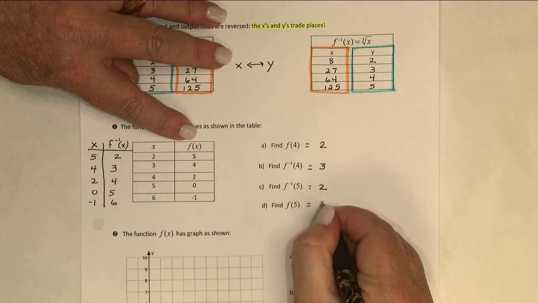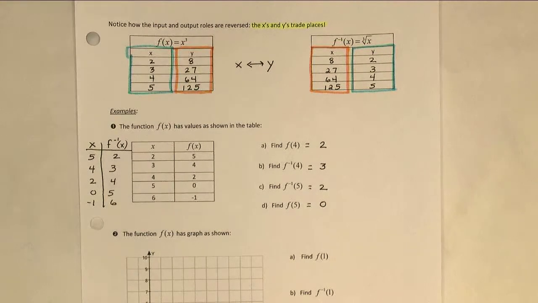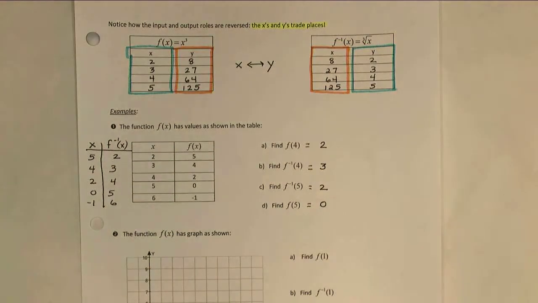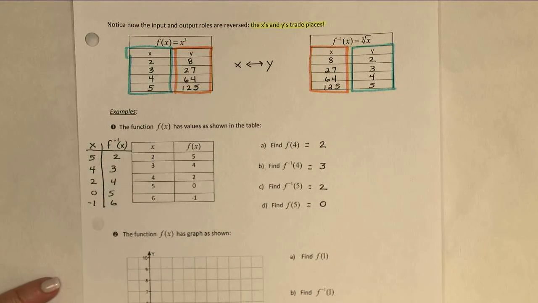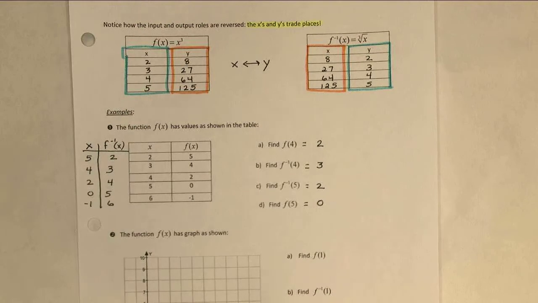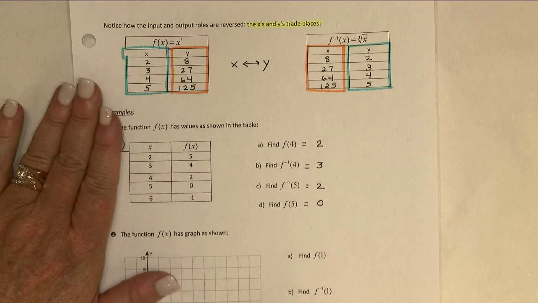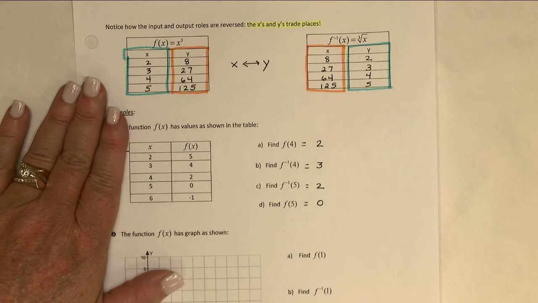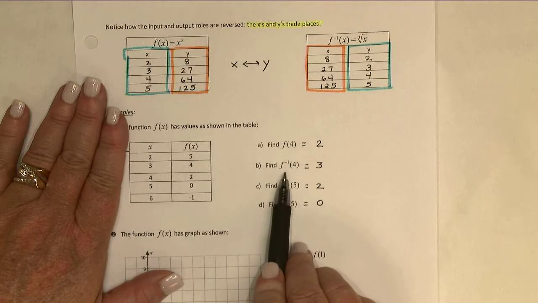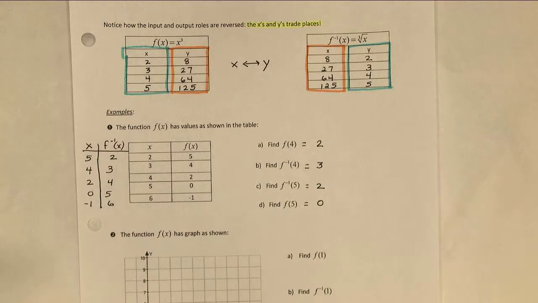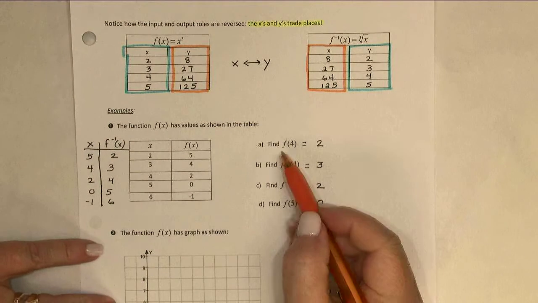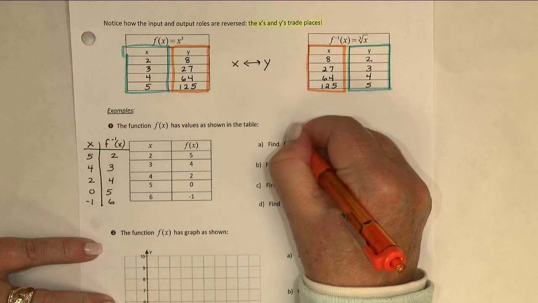Now if you were thinking, gosh, she didn't really even need to write out that inverse table, you're definitely correct. If I just sort of think backwards instead, I could really have answered those questions without my inverse table, right? When I went with f inverse of 4, I could have thought, well, gosh, when I have a function, the input is the x and the output is the y.